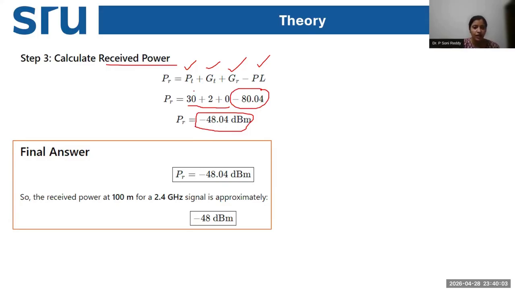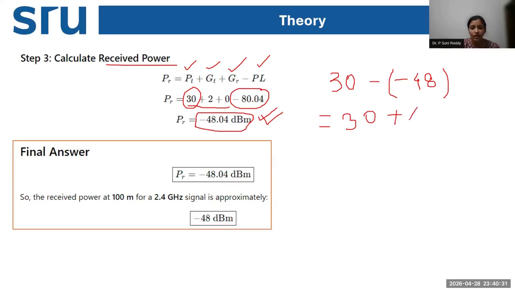Now you see here, transmitted power is 30 dBm, but receive power is minus 48 dBm. Can you tell me how much is the difference between the transmitted and the receive power? Transmitter power is 30, but receive power is minus 48, so the difference is 30 plus 48, which is 78 dB.